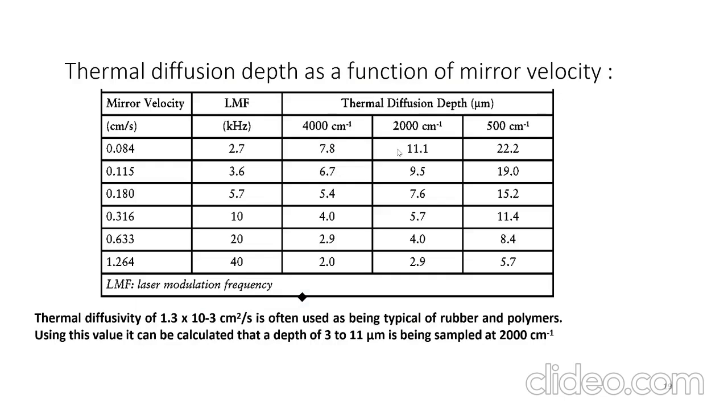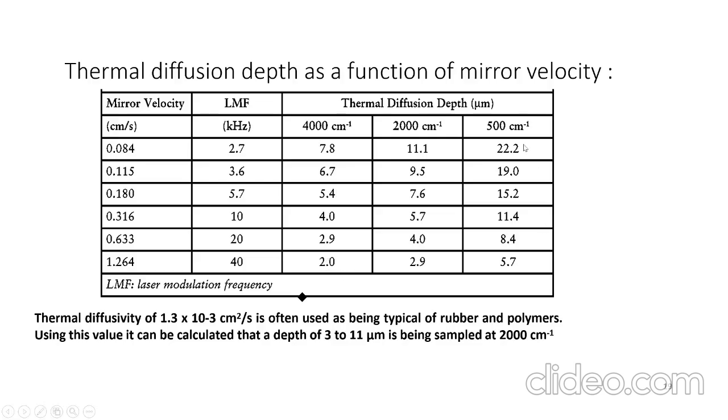So as I told, for the surface detection, the analysis will be dependent on the wave number and the velocity. So as we increase the velocity, as you can see the mirror velocity, and when we increase the wave number, the penetration depth will be less.